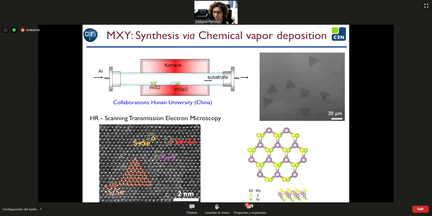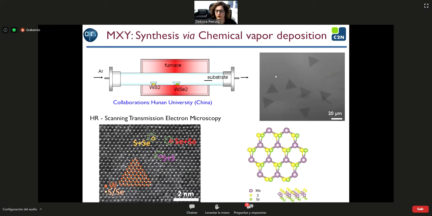This is very interesting because, by tuning the temperature and the position of the precursors inside the tube, we can tune the ratio between selenium and sulfur, and so we grow alloys with different compositions on the substrate, usually SiO2, silicon oxide, which is put here downstream.